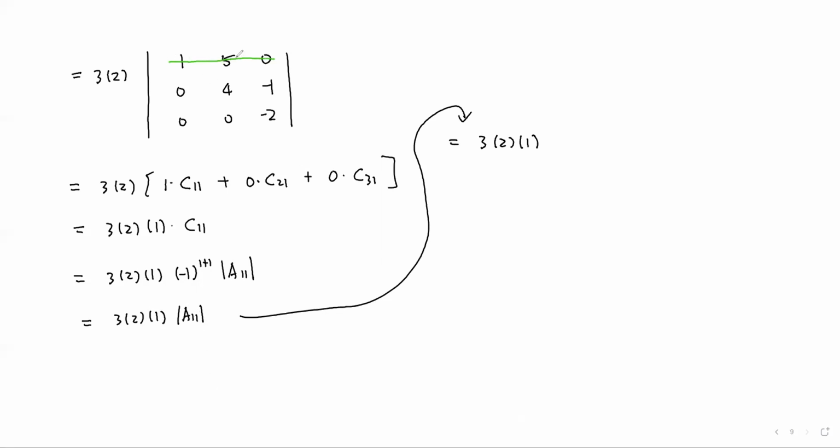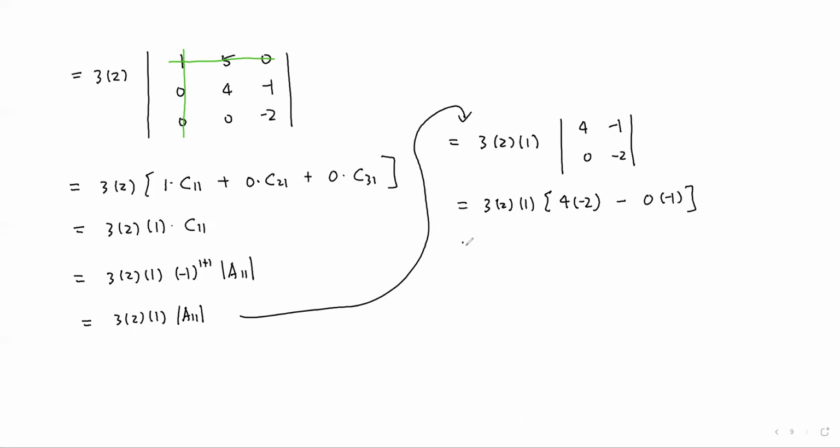Delete the first row, delete the first column. Then again, 4, negative 1, 0, negative 2. So for this 2 by 2 determinant, it is 4 times negative 2, main diagonal entries, minus the anti-diagonal entries, 0 times negative 1.